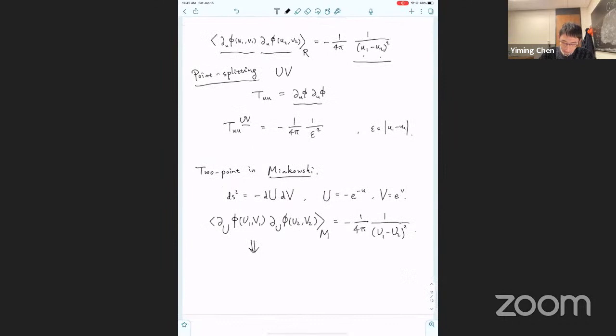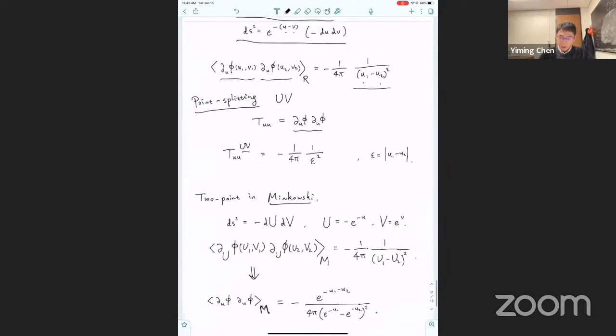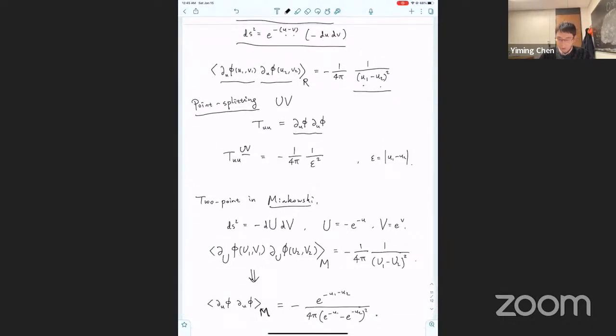It becomes partial u phi, still in the Minkowski vacuum but expressed in the Rindler coordinates, e to the minus (u1 minus u2) divided by 4 pi (e to the minus u1 minus e to the minus u2) squared. Okay, after doing all this work, we are ready to extract the final physical answer.